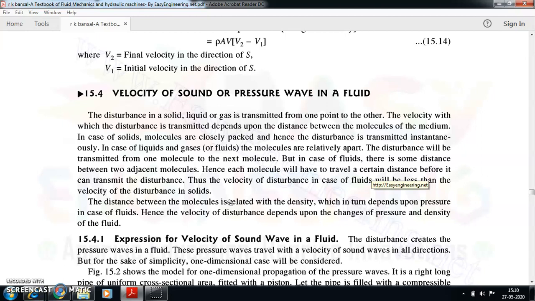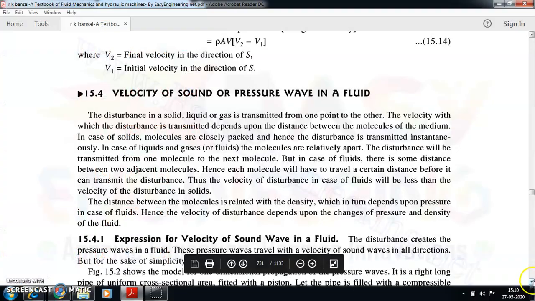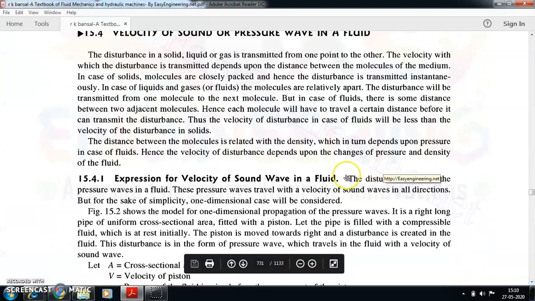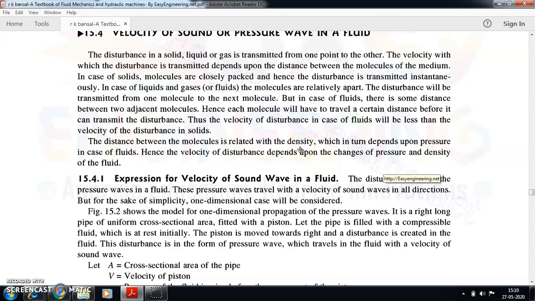The distance between molecules is very importantly related to density, and we know that in fluids the density is always connected with the pressure also. That is another important thing to keep in mind.